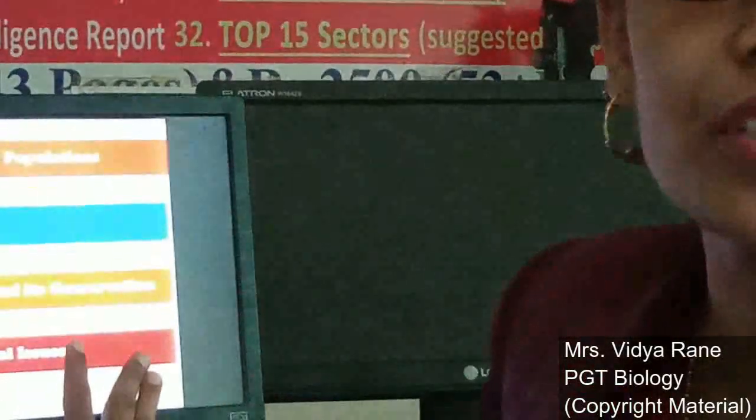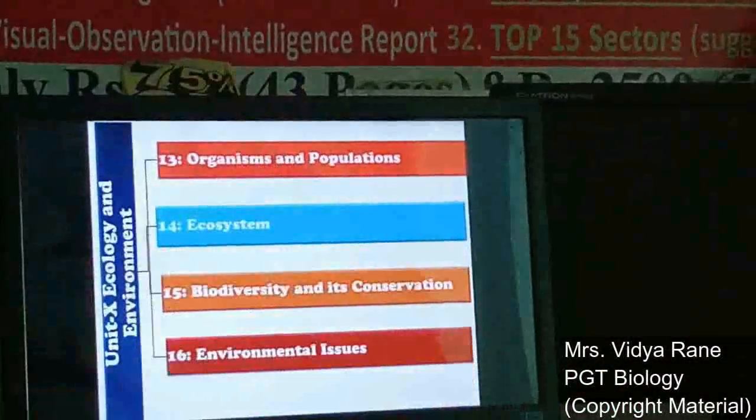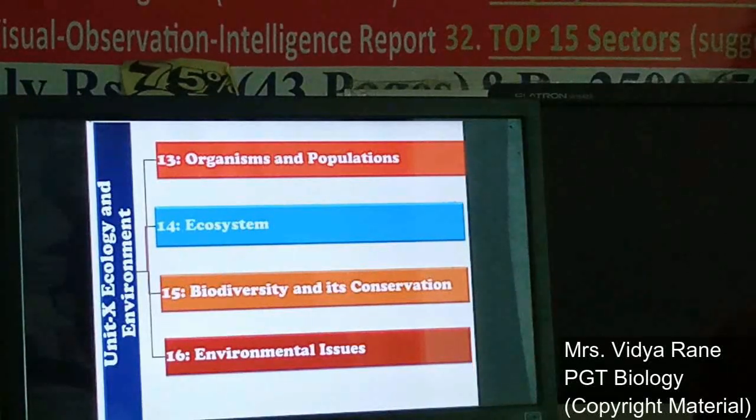And our last chapter is Environmental Issues. This is again a very easy chapter. Here you are going to study water pollution, air pollution, land pollution, radioactive pollution, noise pollution, and some case studies related to that. So overall we can say that our 12th standard syllabus is very easy and very short.